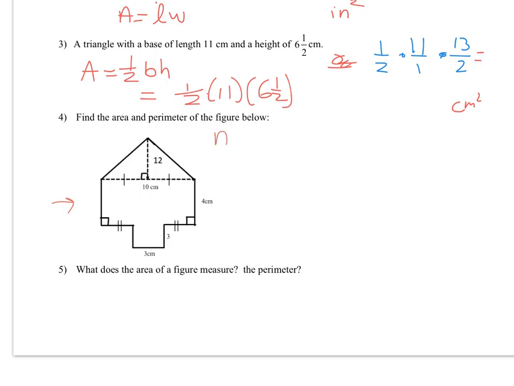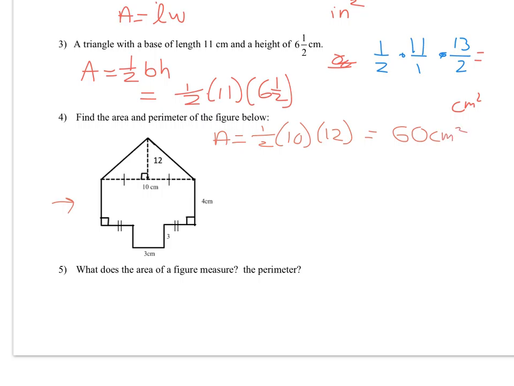I'll go ahead and do the area for the triangle on top. We're just going to have 1/2 times the base is 10 times the height is 12. So that would be 5 times 12. We have 60 centimeters squared for the triangle on top.